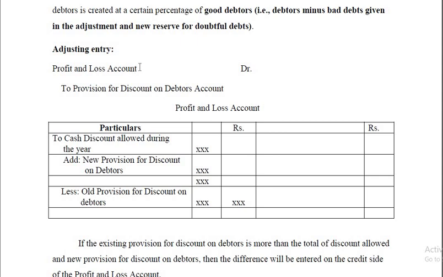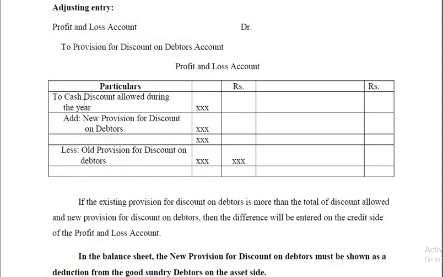The journal entry or adjusting entry for that is profit and loss account debit to provision for discount on debtors account. How it is shown? See here, cash discount allowed during the year, add new provision for discount on debtors, and then therefrom you have to deduct old provision for discount on debtors.